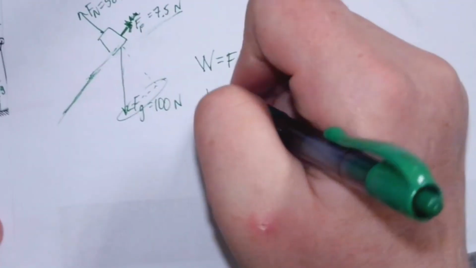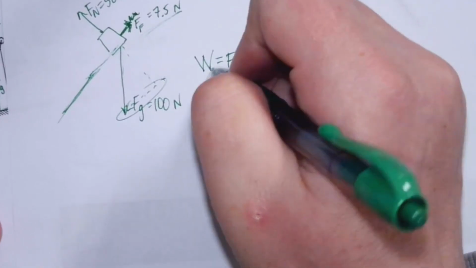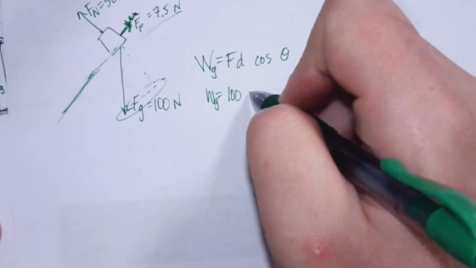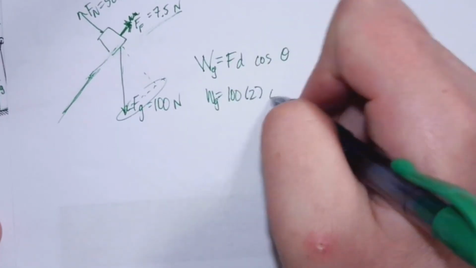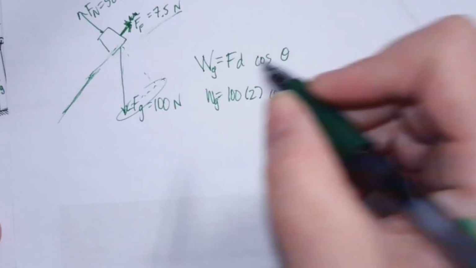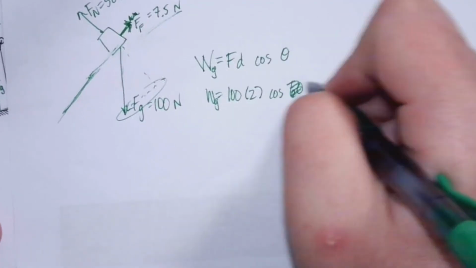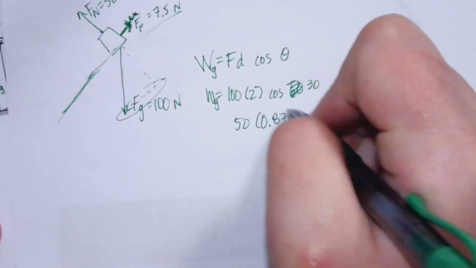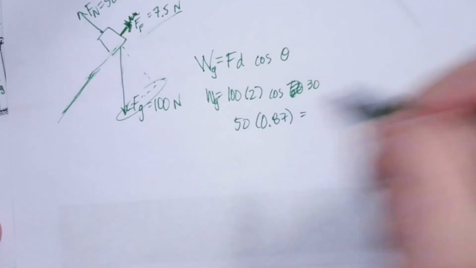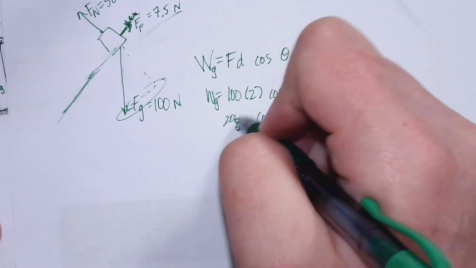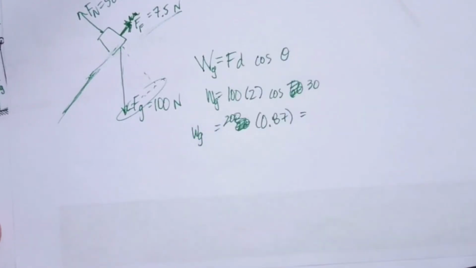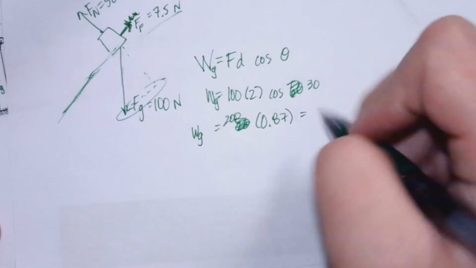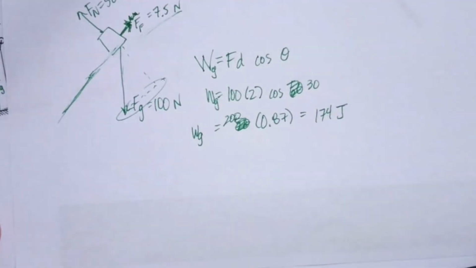So W equals 100 times 2 times cosine of 60. Nope, 30. Okay, so that's going to be 200 times 0.87, which is 174 joules. So that's the work done by gravity.